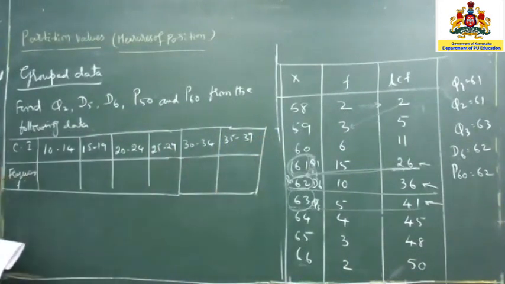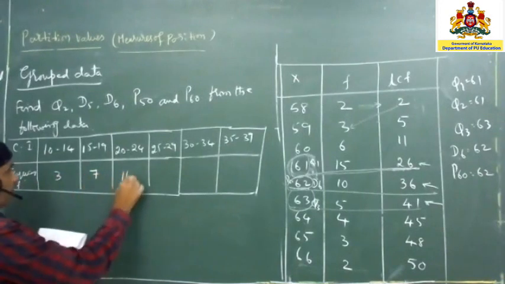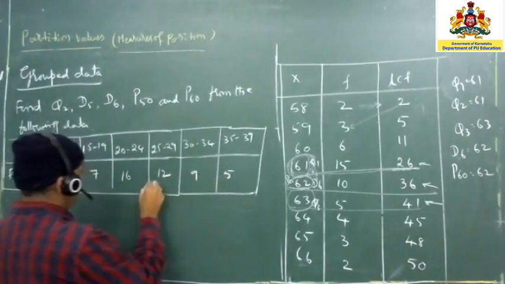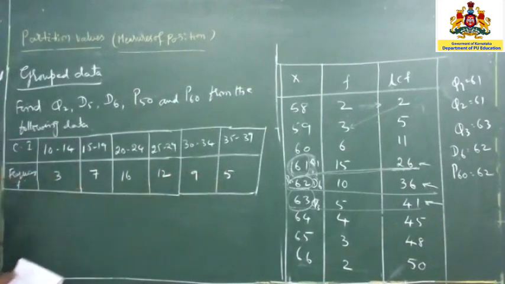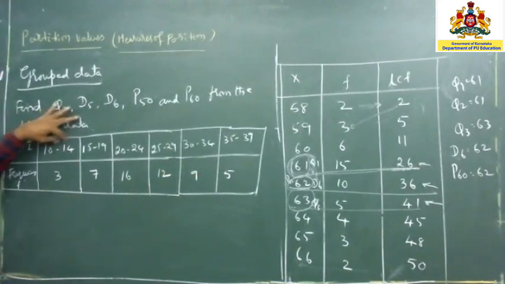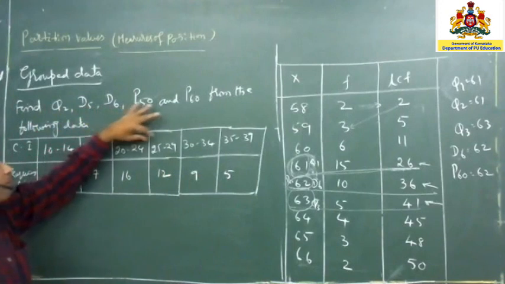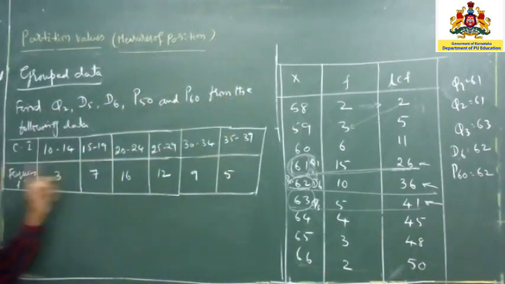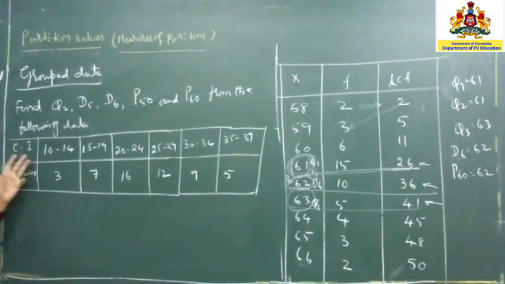Now the corresponding frequencies are 3, 7, 16, 12, 9 and 5. Okay. Now the class intervals mean 10 to 14, 15 to 19, 20 to 24, 25 to 29, 30 to 34, 35 to 39. These are all called class intervals. That's why sometimes they will give you number of marks or number of ages or anything, but the general term we write is class interval.